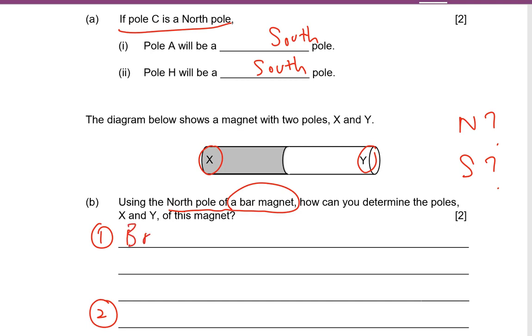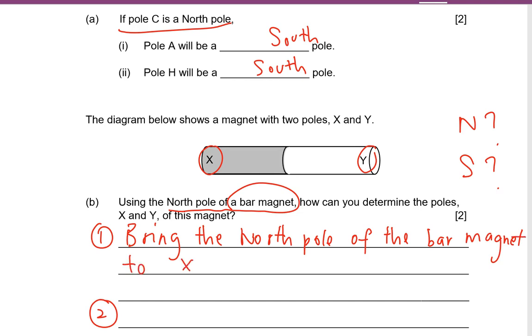I can use the north pole one. So for example, I can bring the north pole of the magnet, and I take this north pole to either X or Y. Choose one side. Of course, you've got to talk about the results, right? You have to tell the kid, hey, you want to test, you have to tell me what results I need to observe.